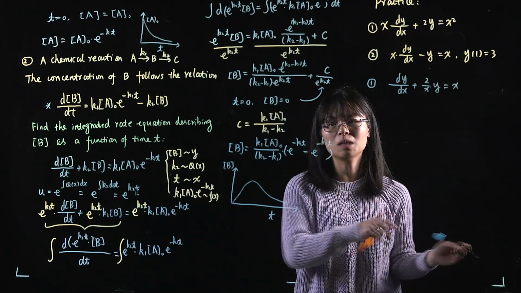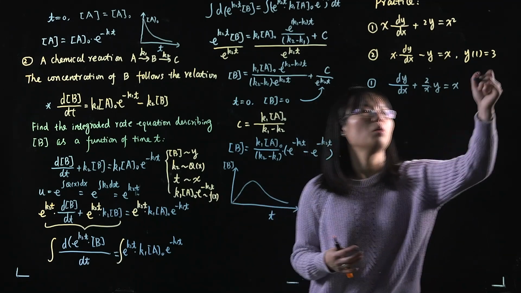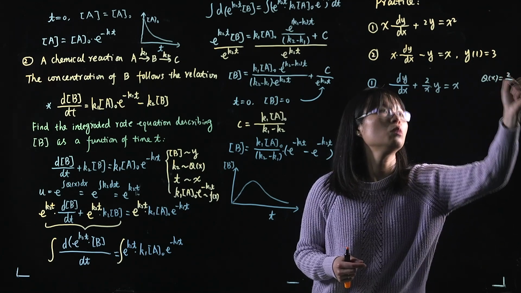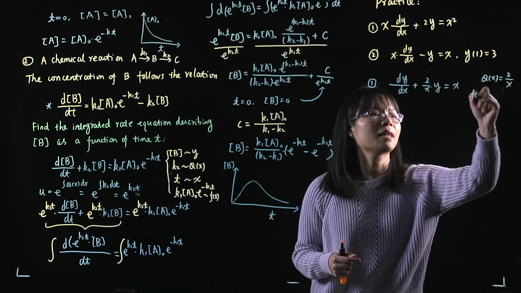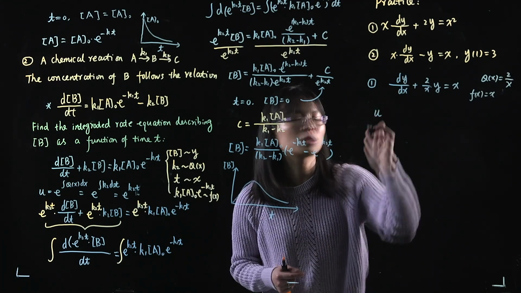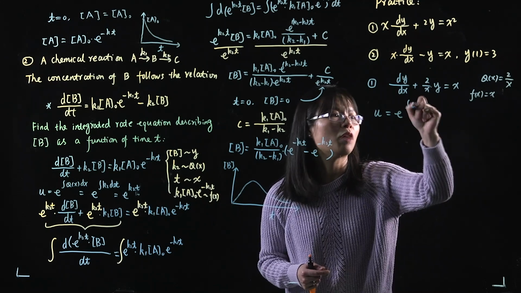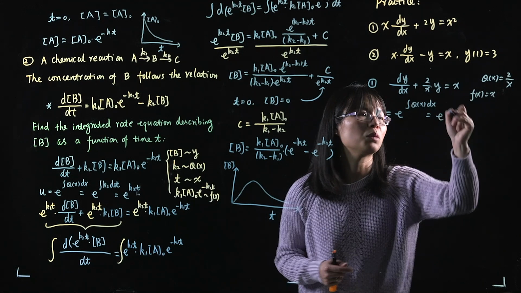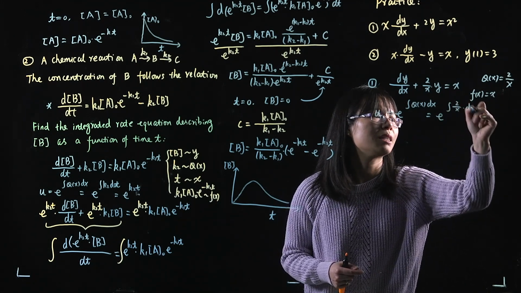If you are not familiar with the formatting of the first order differential equation, you can do a comparison. In this case, my q(x) equals 2 over x, and my f(x) equals x. So my integrating factor u, which is the exponential of the integral of q(x) dx, equals the exponential of the integral of 2 over x dx.